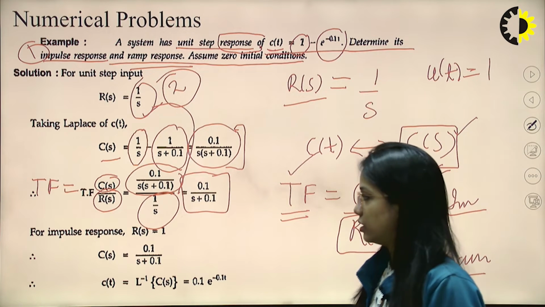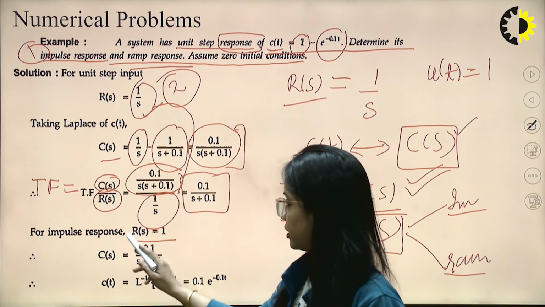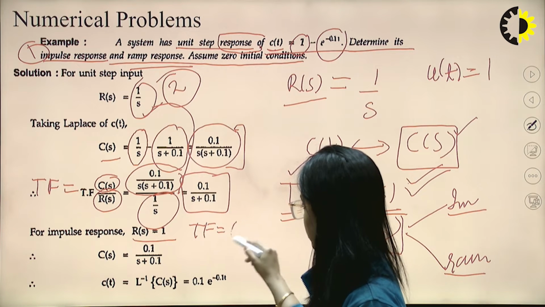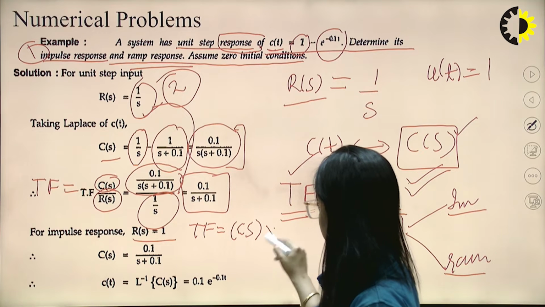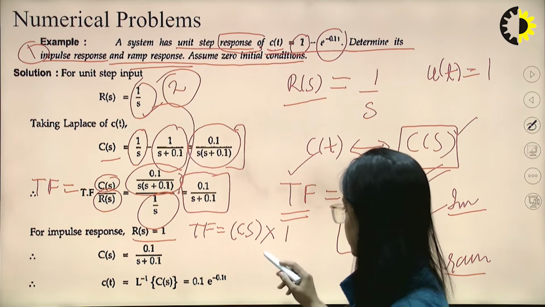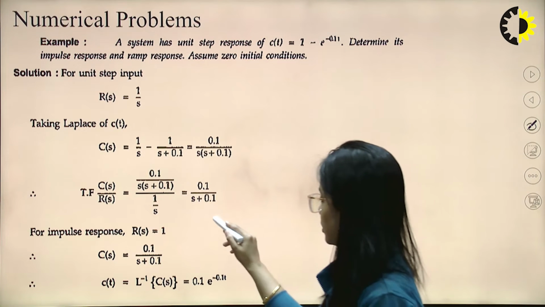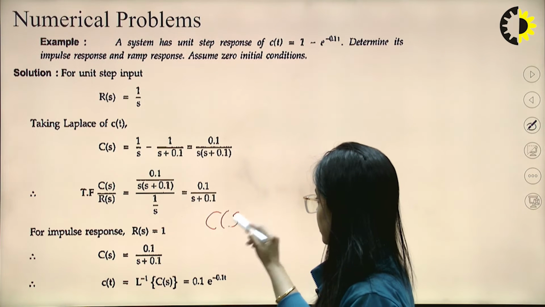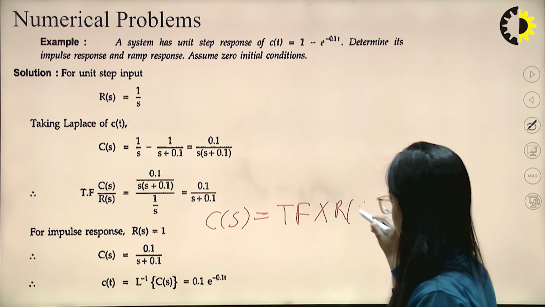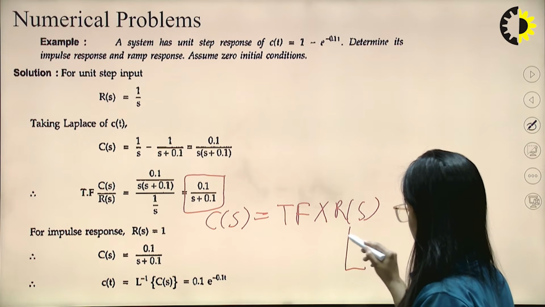So here, for impulse response, RS is 1. So for the first case, response will be equal to transfer function into RS, which is 1.